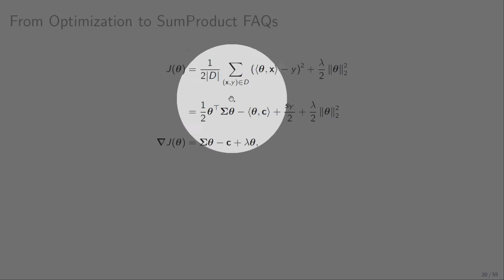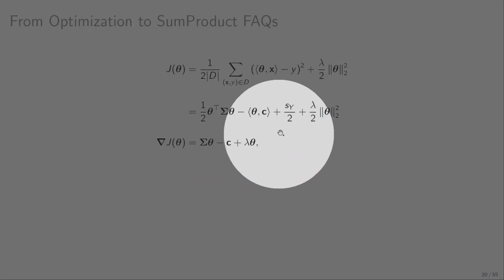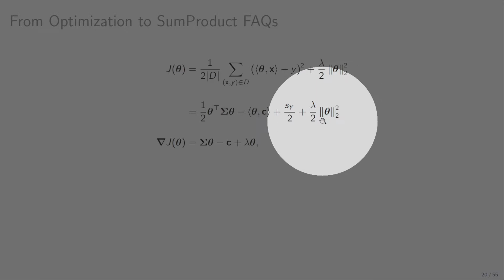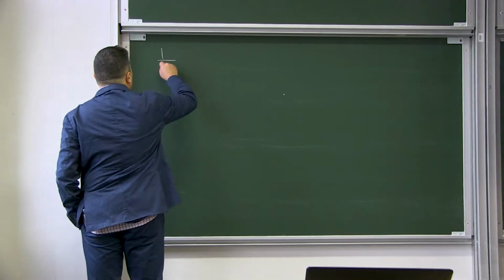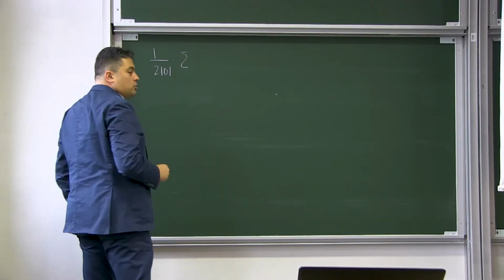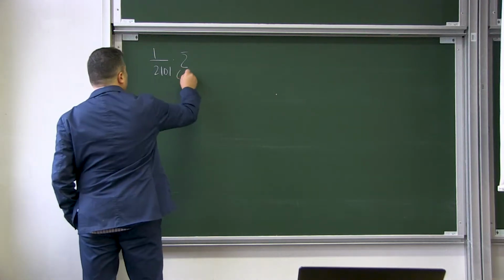The gradient of this is sigma theta, of this is simply C, and this is just about the label, and this is theta, so we get lambda theta, okay? So how can you get that, right? It's not a big deal, but for the purpose of making sure we are on the same page, let me just show you for the loss function how to do this.